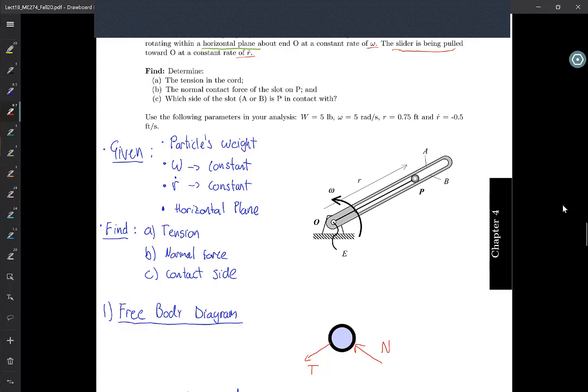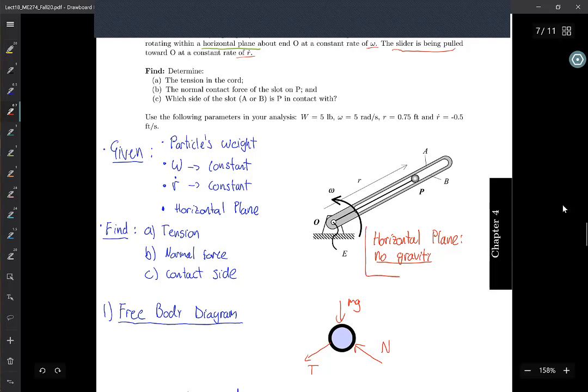So, am I missing any forces here? Does anybody see a force that is missing? Yes, Jason? Gravity? What about gravity? It's a horizontal plane. So, guys, please don't lose points on exams and homework because of that. I see gravity drawn in these problems, and then all your efforts go to waste.